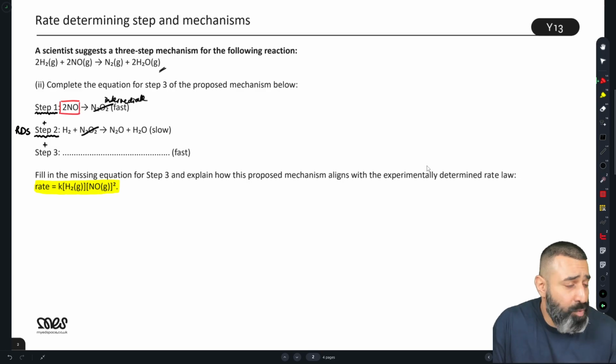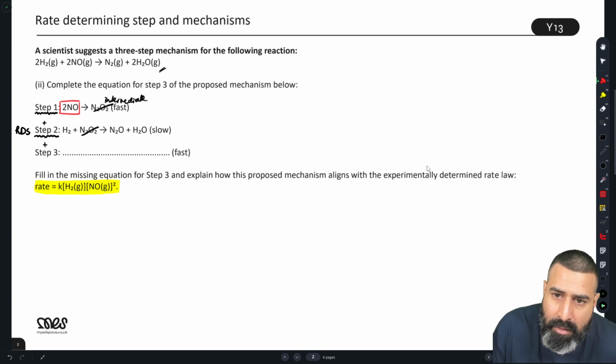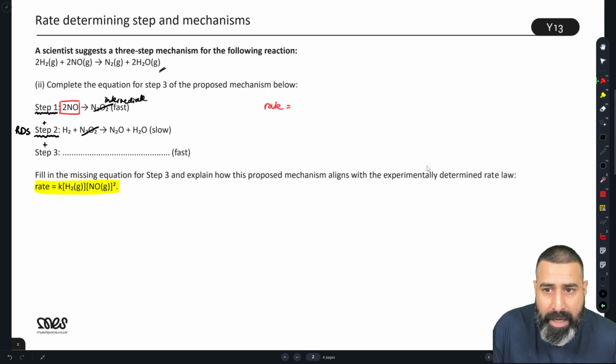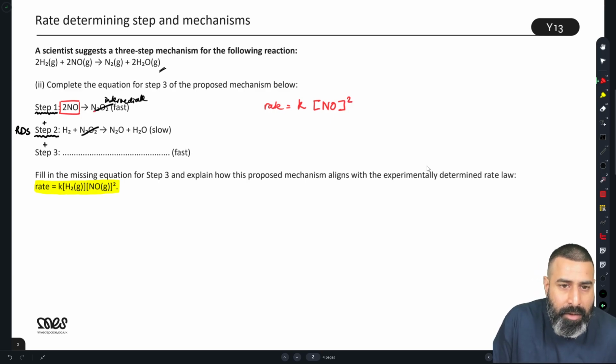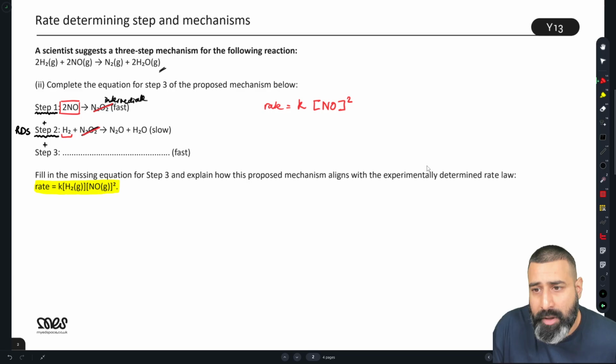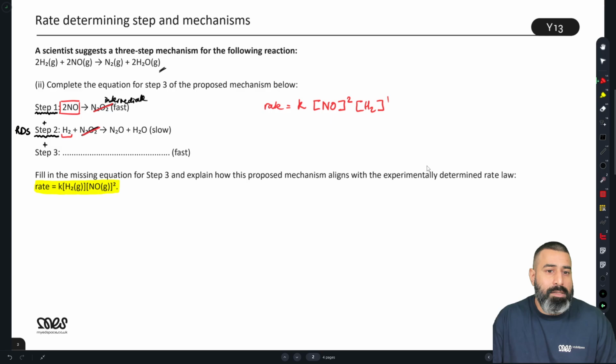Yes, I do, because if I'm writing the rate equation from the proposed mechanism, it would be k[NO]^2. Obviously I don't include the N2O2 because it's an intermediate, but in step 2, the other reacting species is 1 molecule of H2, so this is H2 raised to the power of 1. So that's consistent. The mechanism and the RDS are consistent with our rate equation. So happy days so far.